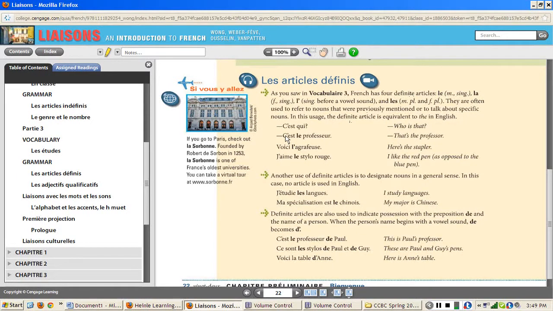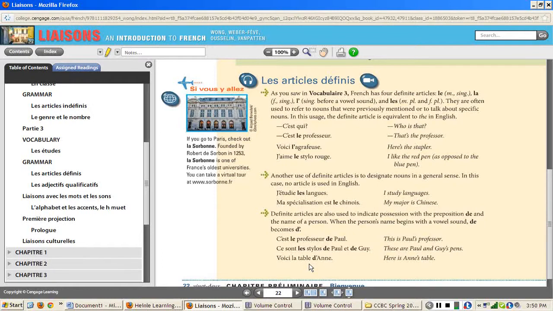The example they give, c'est le professeur. That is the professor. Voici le stylo is the example I gave. For la, I don't see any examples, although there is one down here indirectly in the bottom. Voici la table. Voici la table d'Anne.